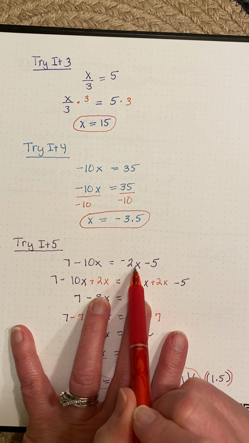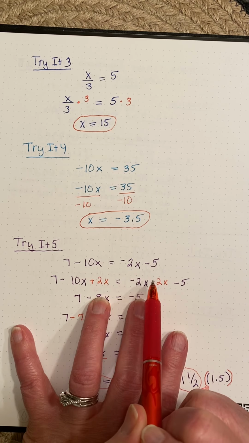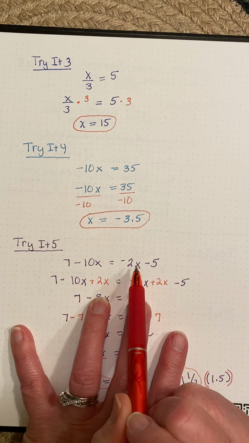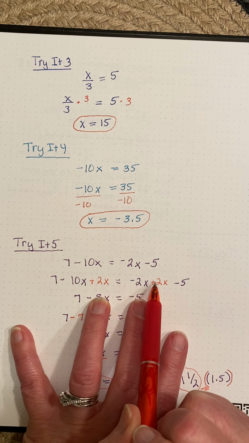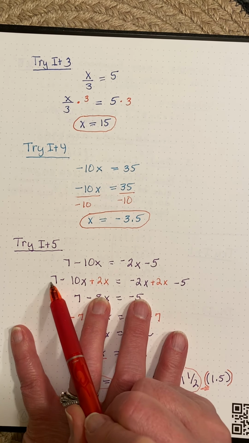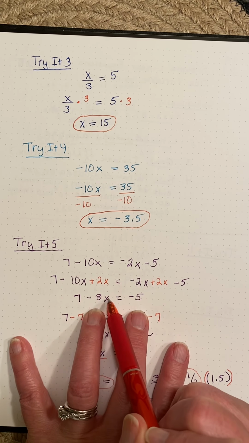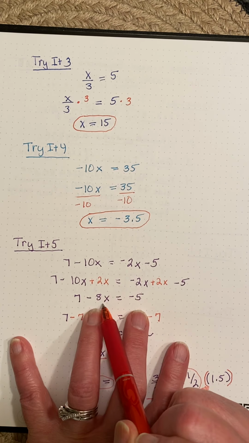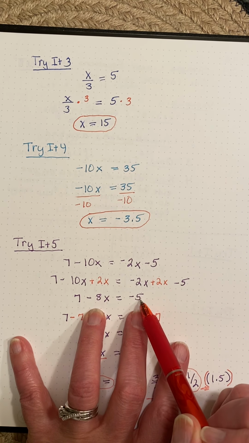I'm going to add to eliminate it. So that leaves me with negative 5 on the right eventually. But if I'm adding 2x here, I'm going to add 2x over here. So that leaves me with 7 minus 8x, because a negative 10x and a positive 2x is a negative 8x. Leaves me with negative 5 over here.